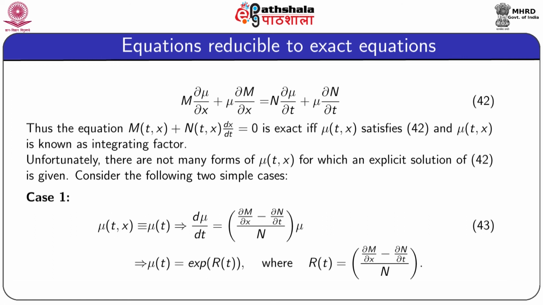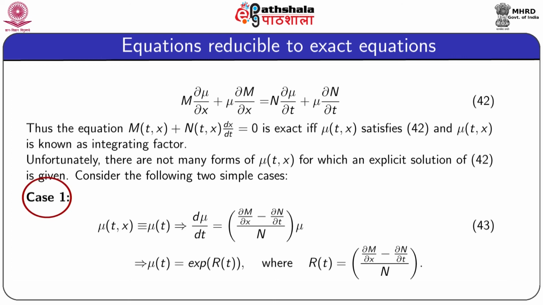Thus, the equation m plus n dx/dt equal to 0 is exact if and only if mu satisfies 42, and then mu is known as the integrating factor. Unfortunately, there are not many forms of mu for which an explicit solution of 42 is given. So, we consider two simple cases.